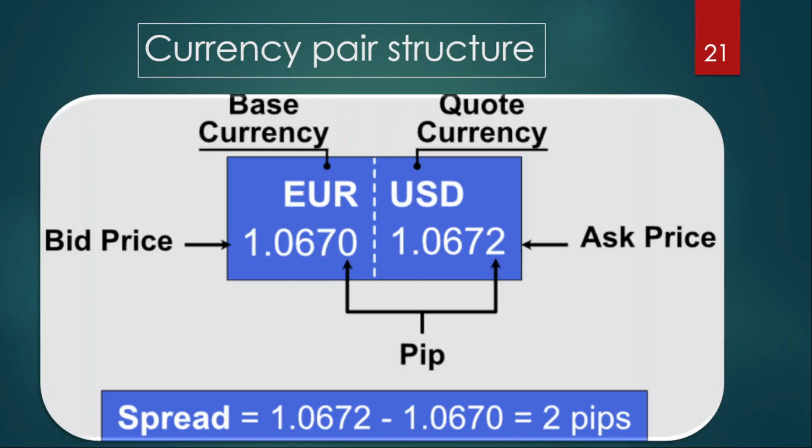The last numbers on the price indicate the amount of pips. If the market moves, with you buying or selling Euro USD as a currency pair, the last two numbers on the bid price and ask price would indicate the amount of pips that the price has moved.